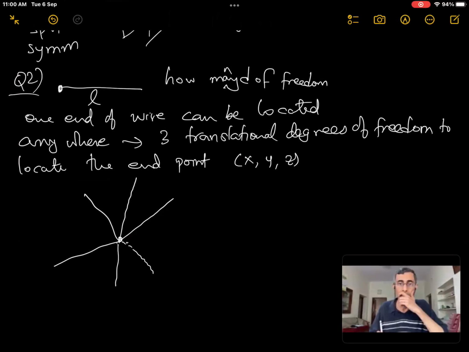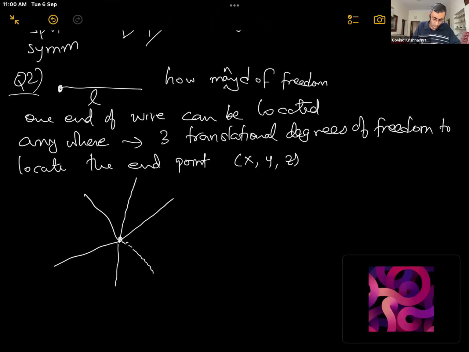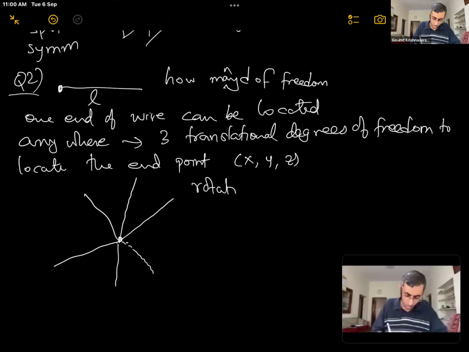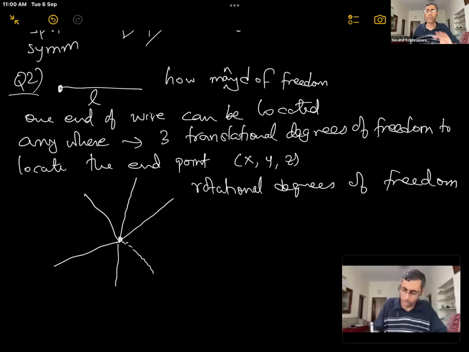So rotational degrees of freedom. Yeah, I mean, basically the freedom to rotate the wire about that fixed point in 3-dimensional space.